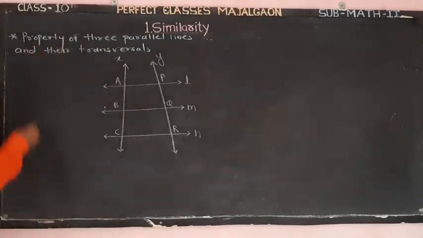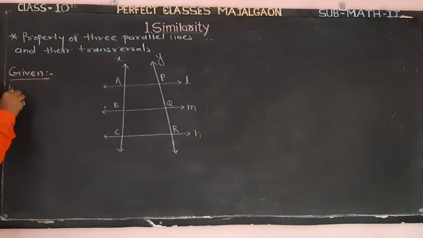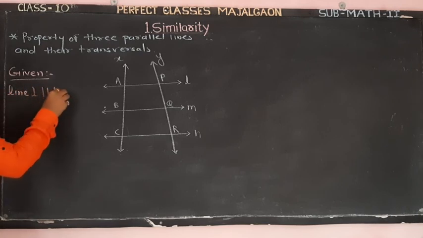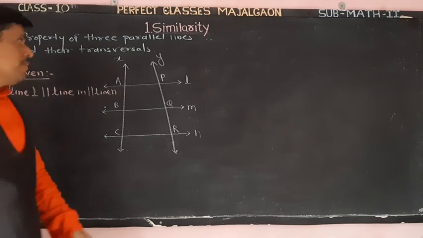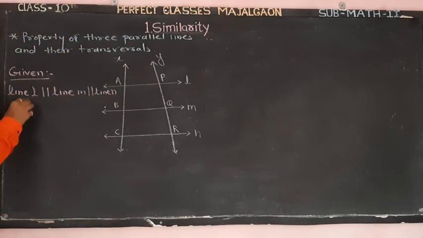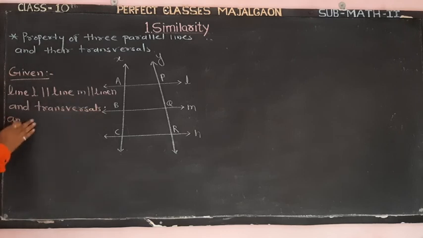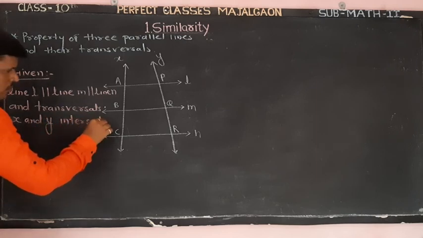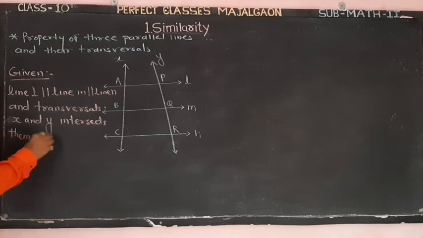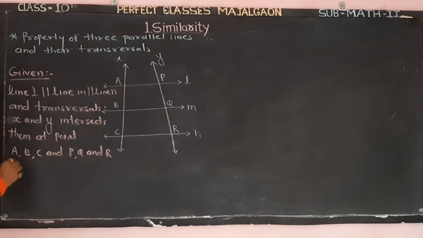From this, now we write the given part. What is the given part? Here I write the given. Line L parallel to line M parallel to line N. These three lines are parallel to each other, and transversals X and Y intersect them at points A, B, C and P, Q and R respectively.